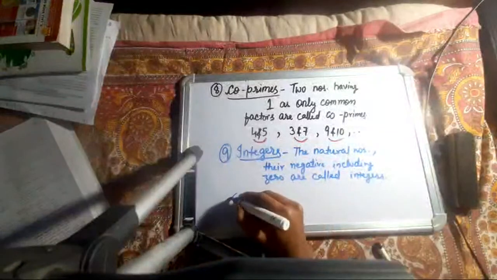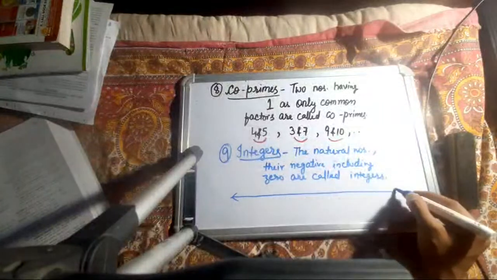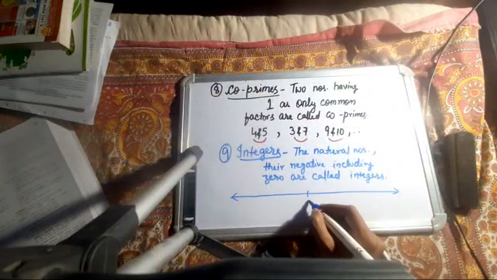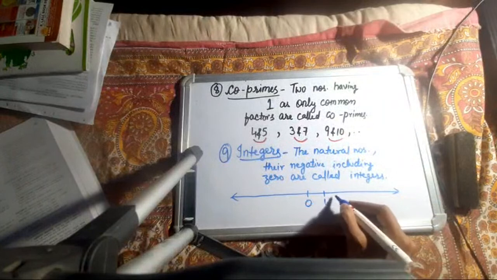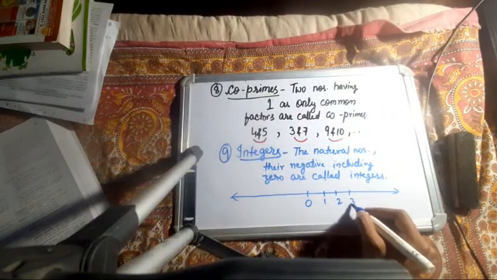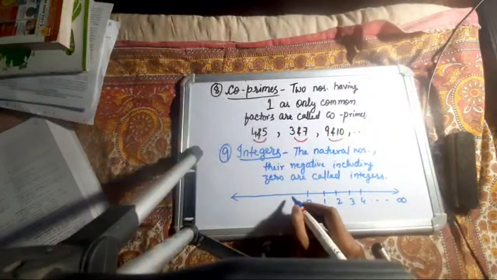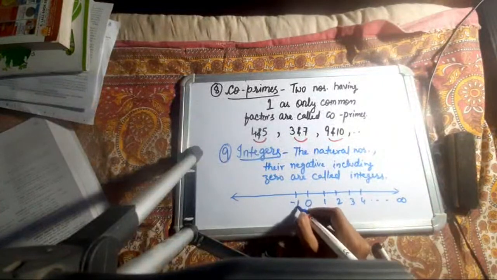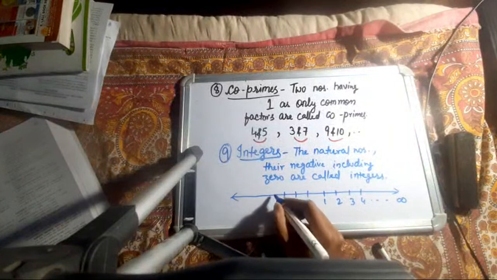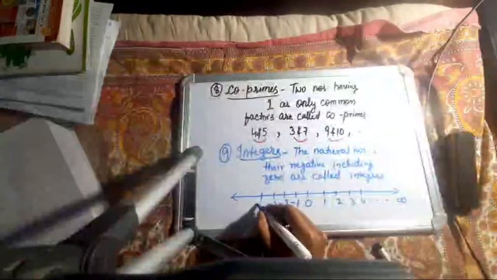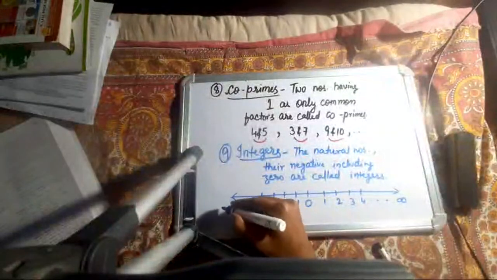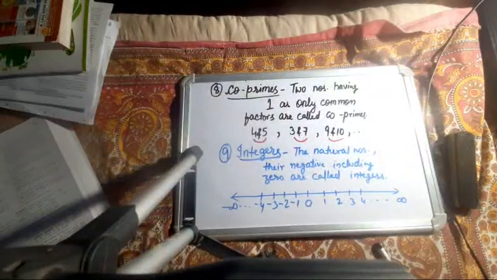So let us see. Let us take 0, 1, 2, 3, 4 and so on up to infinity. Similarly towards the left side, -1, -2, -3, -4 and so on up to minus infinity.